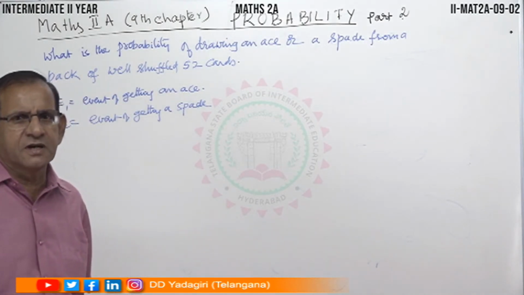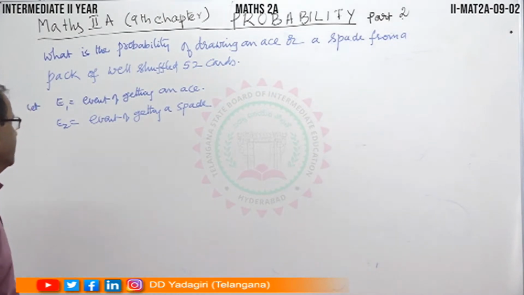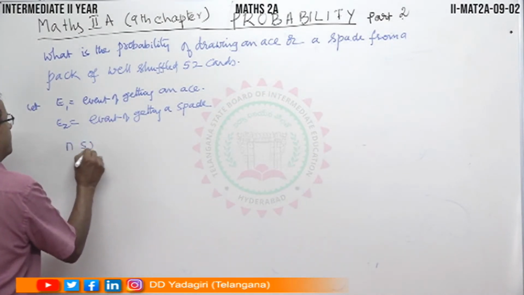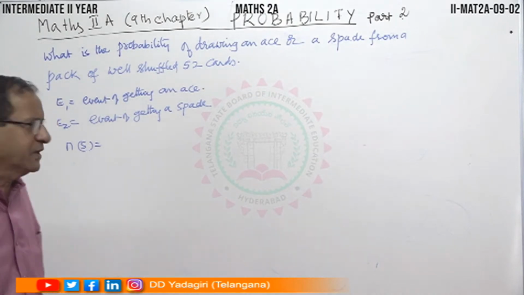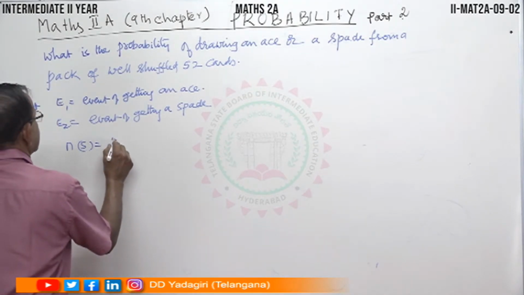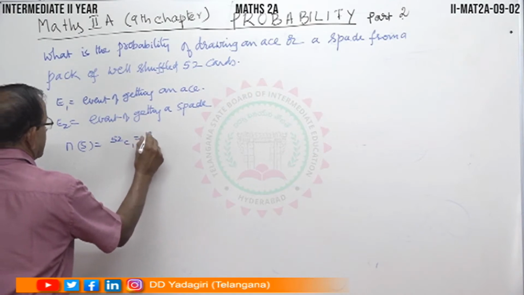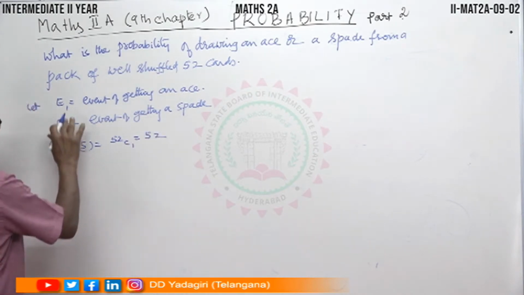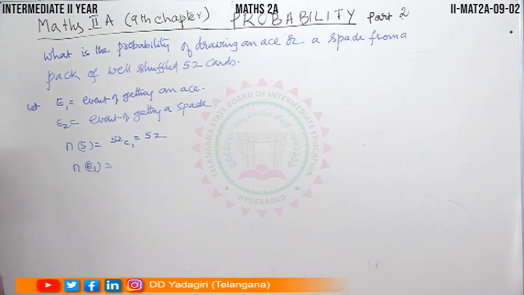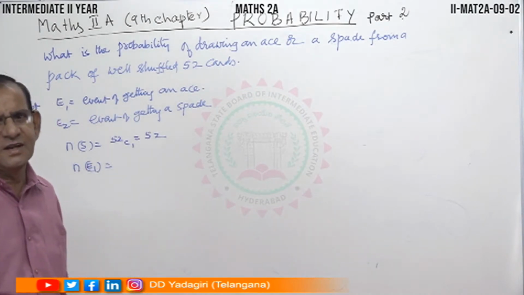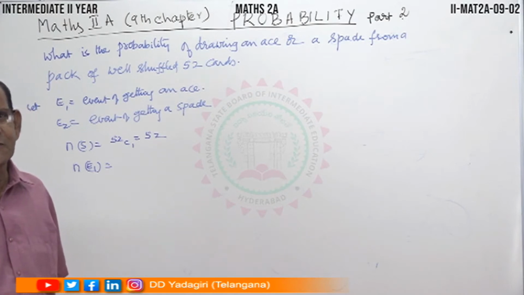That is P of E1 union E2. Here what is N of S? Total possible outcomes. You will get any one of those 52 cards. So N of S is 52C1. That is 52 only. What is N of E1? There are 4 aces in a pack of cards. So I have to draw one from that.